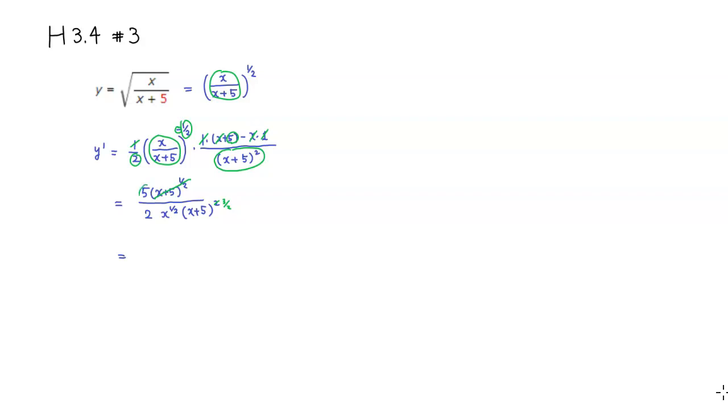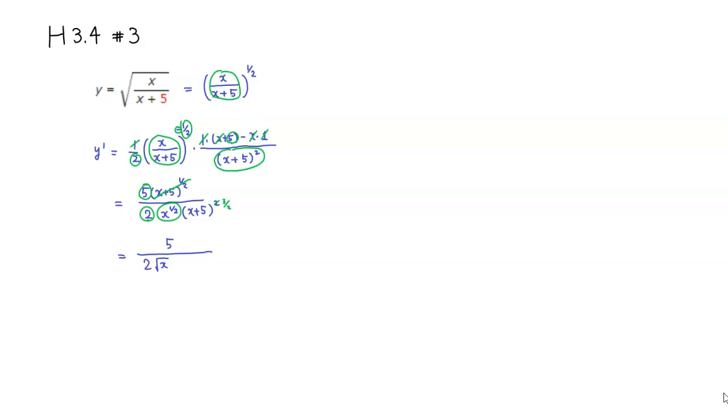So 5 is the only one on top, so we put 5 on top. Then there's a 2 right here, so we put 2. And this is the square root of x right here, so I'm going to put the square root of x there.